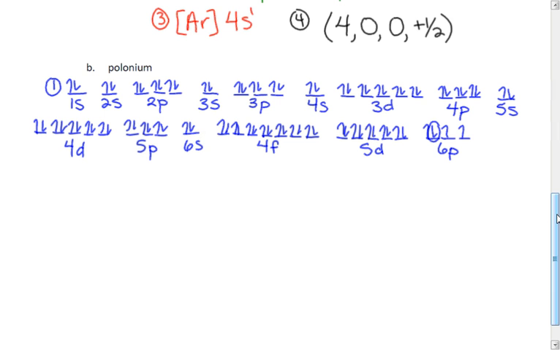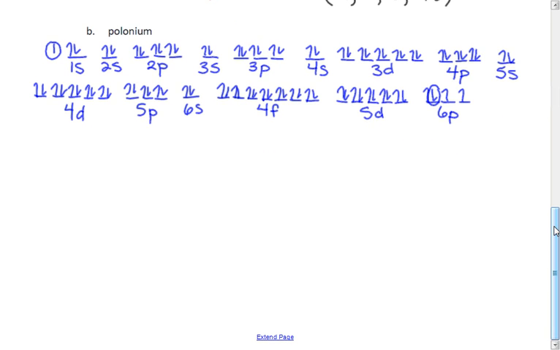So if we're going to write the electron configuration for this, it'll go a little bit quicker because we won't have the dashes and arrows.